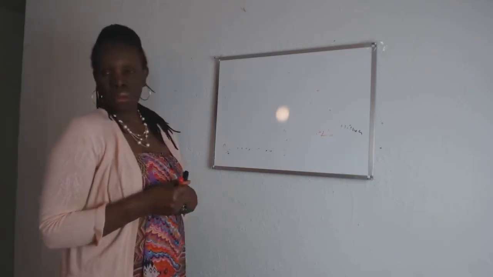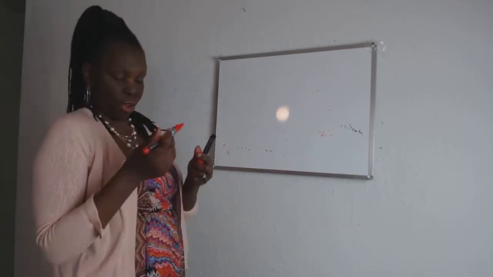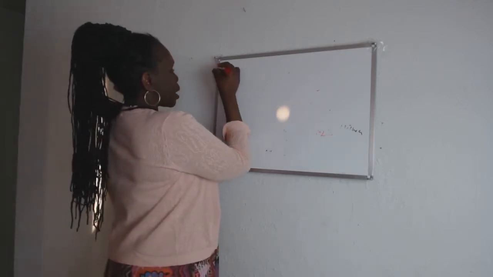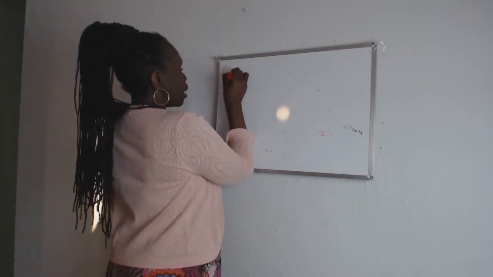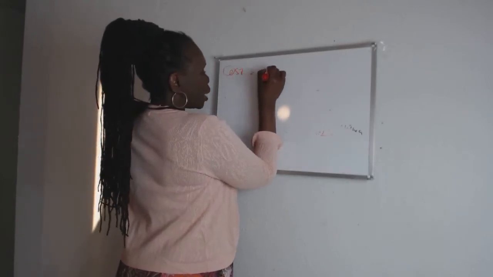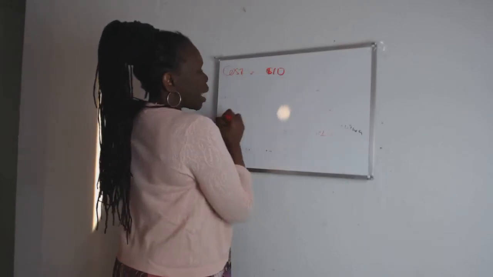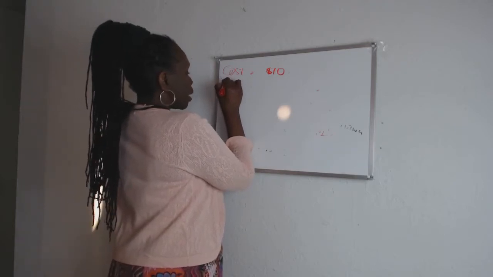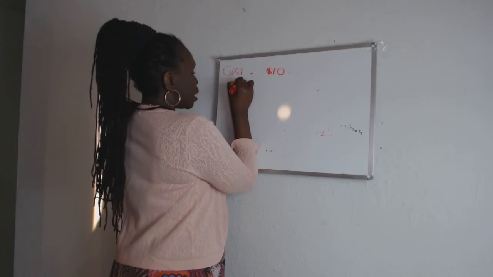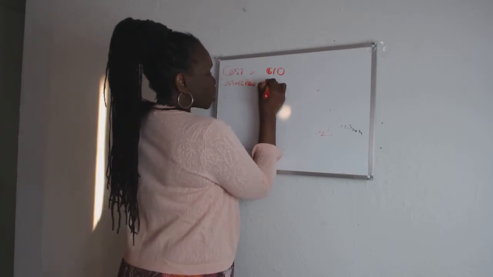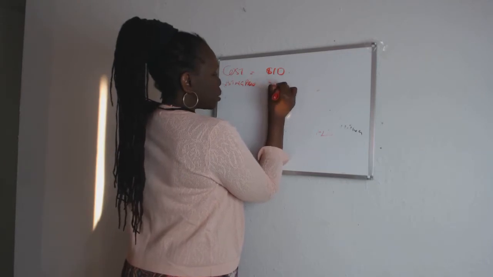So I'm going to be using very easy numbers. Say the cost of your item is $10, and then your listing price is $20.